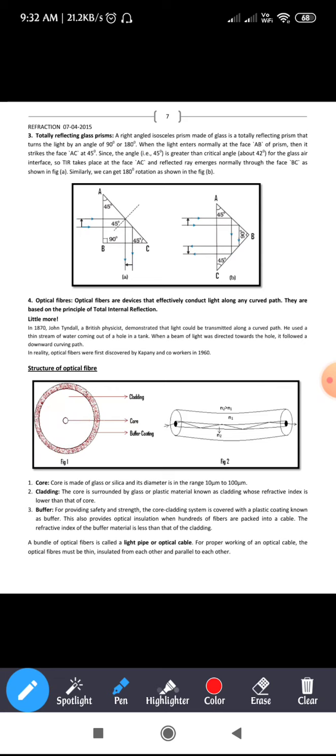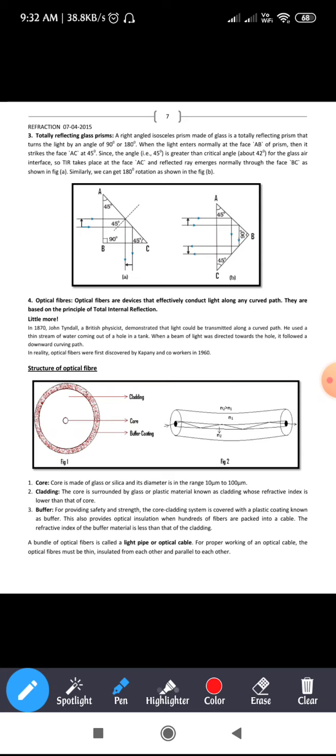The next is the buffer. This one is called the buffer. For providing safety and strength, the core-cladding system is covered with a plastic coating known as the buffer. This also provides optical insulation when hundreds of fibers are packed in a cable.